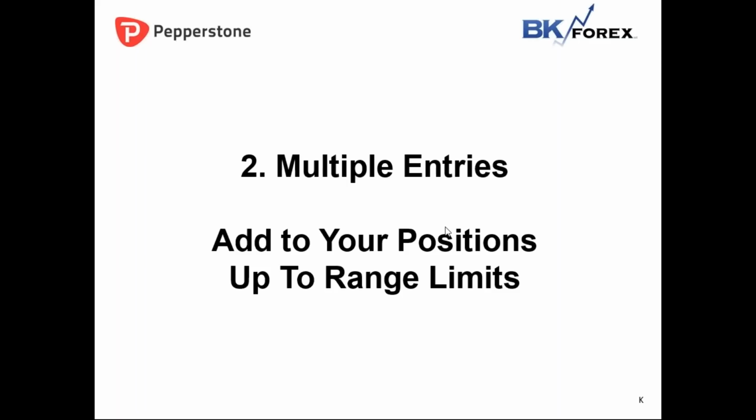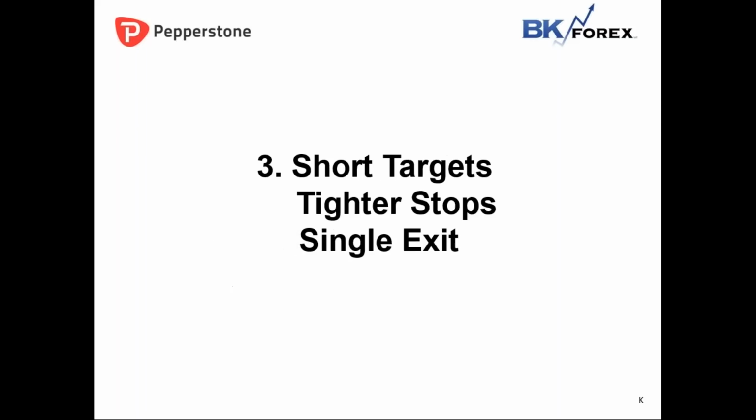Now, the disadvantage, in my opinion, of trading ranges is that you have to have short targets and tight stops. And unlike the entry, where you may be using multiple entries to get yourself into the range trade, with range trading you want to have a single exit.